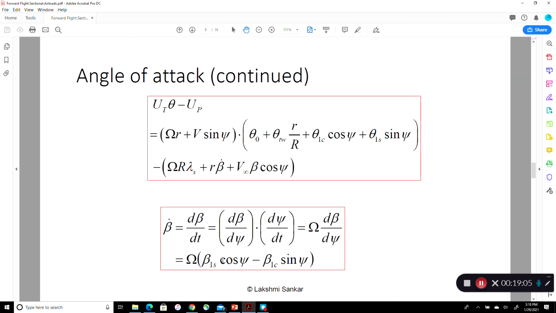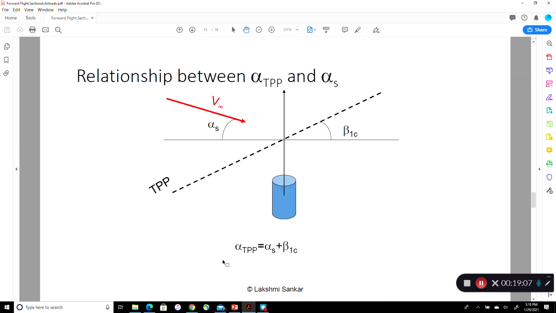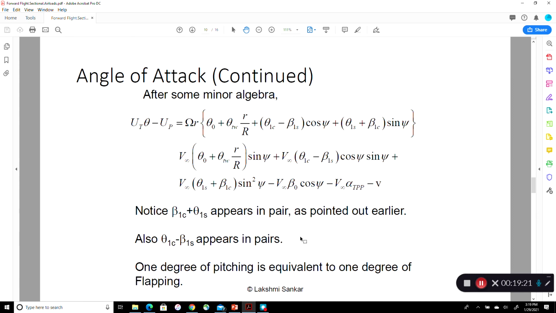If you look at it, let's say you're in the shaft plane. This angle is called alpha shaft. This angle is beta 1c. So alpha shaft plus beta 1c is alpha tip path plane. When we do this algebra and combine things together, you get alpha shaft plus beta 1c combined together.